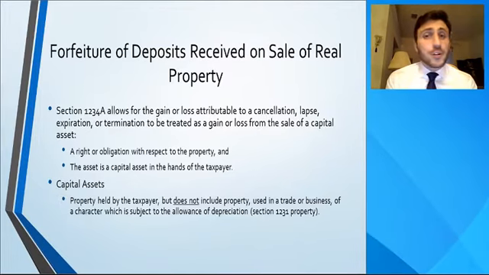Now, under Code Section 1221, which defines a capital asset, the code specifically excludes property that is used in a trade or business of a character which is subject to the allowance of depreciation. These are not capital assets, but are Section 1231 property, and that's an important distinction to make as we look at this case.